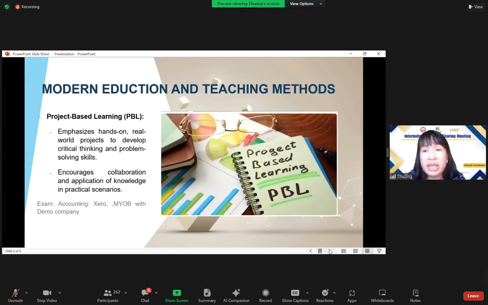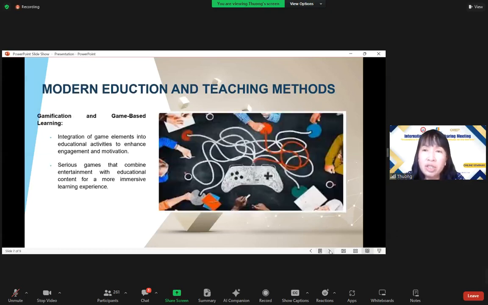The third one: if students learn only the literature and academics, it is very boring. So we also apply game-based learning.